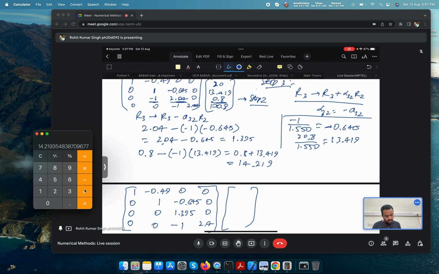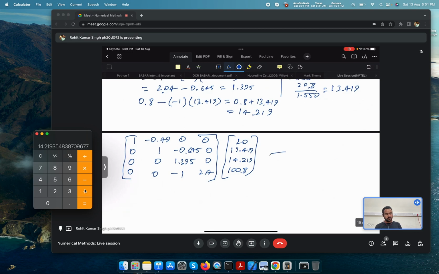And this B column is 13.419, 14.219, 100.8. Okay, so this is what you will get after step 4.